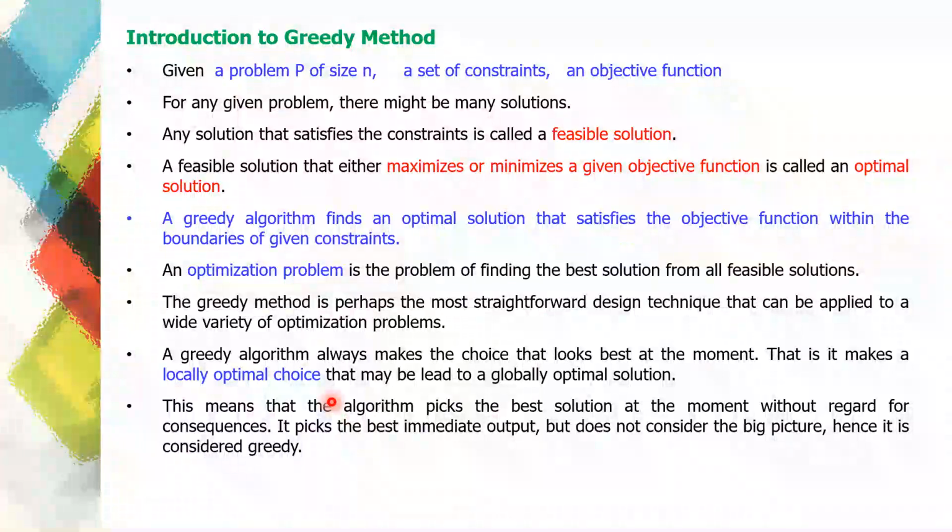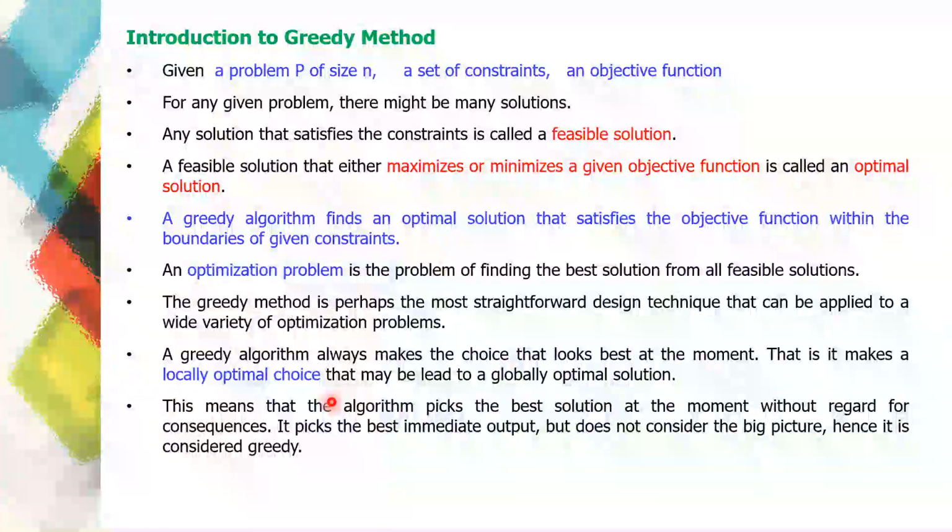Now, what is a greedy decision? At a particular step, I have many choices, and I'm going to choose one particular choice. I have to make a decision. At this point of time, I'll select whichever is the best choice.